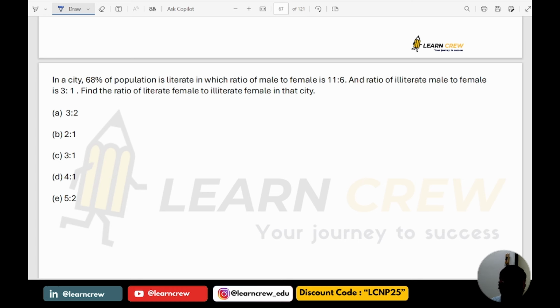See what is given: in a city, 68% are literates. Total 100, out of which literates and illiterates. Literates are 68, so illiterates are 32. And here 11:6, 17 parts is 68, 1 part is 4.